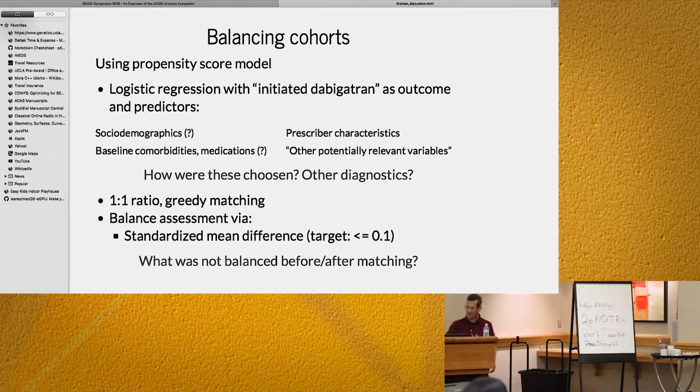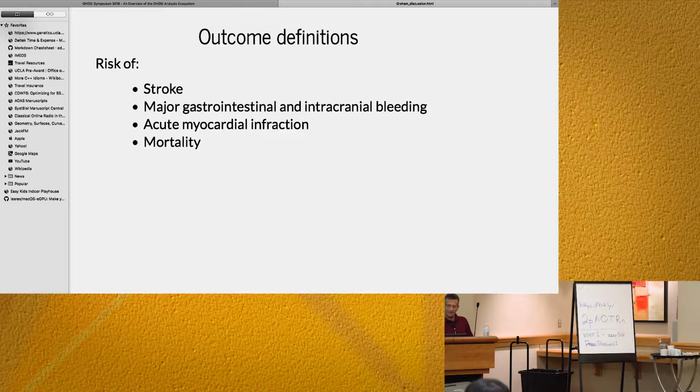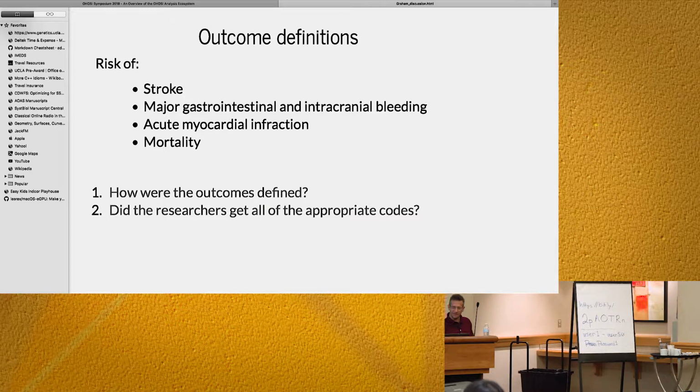The outcome, well, they were looking at the risk of either stroke, major GI bleed, MI, or mortality, for which they provide code sets.